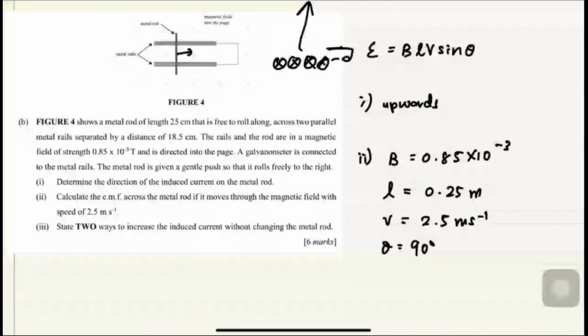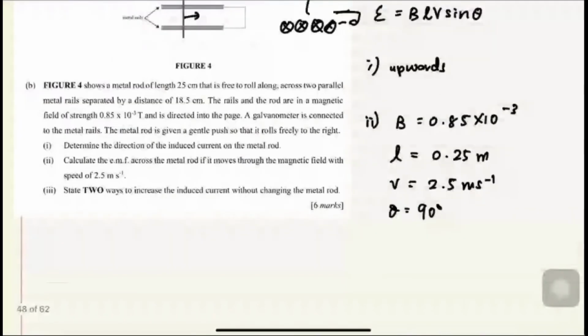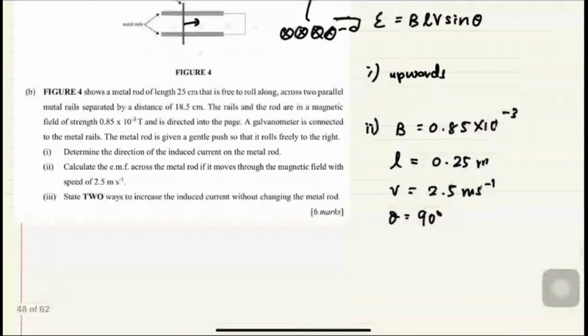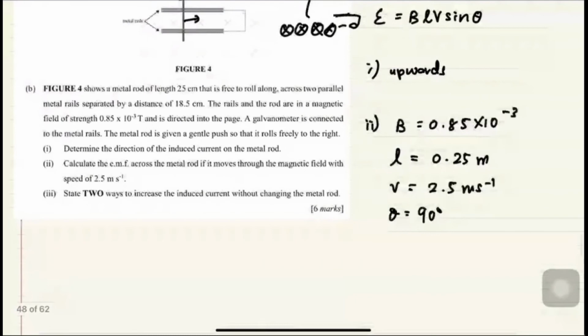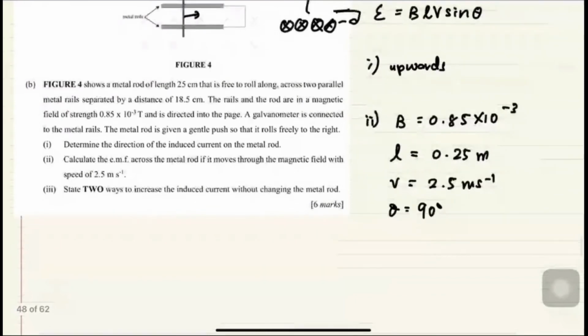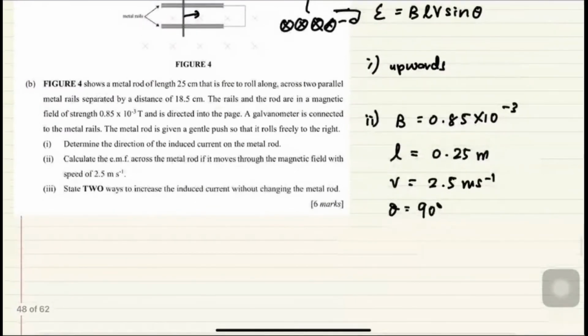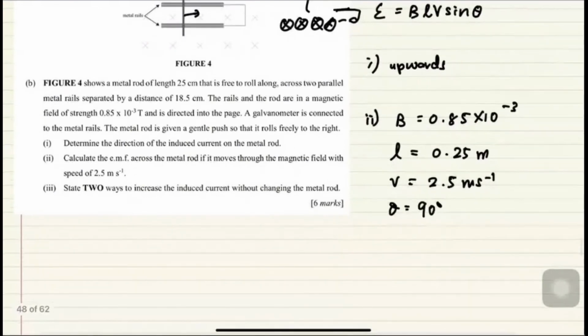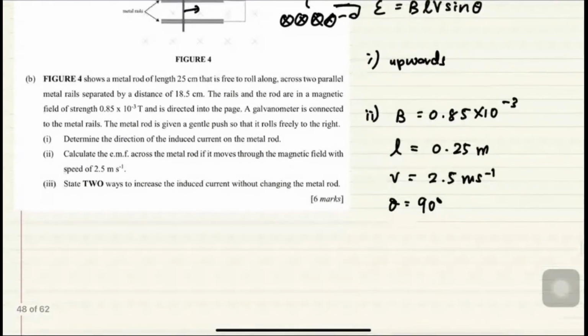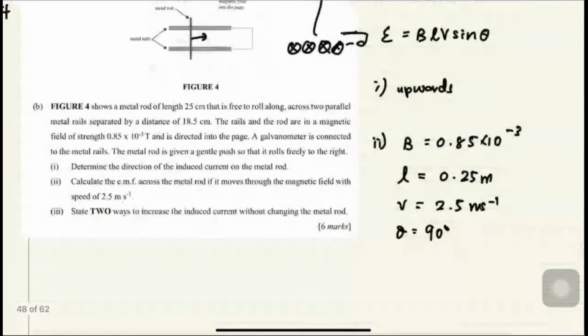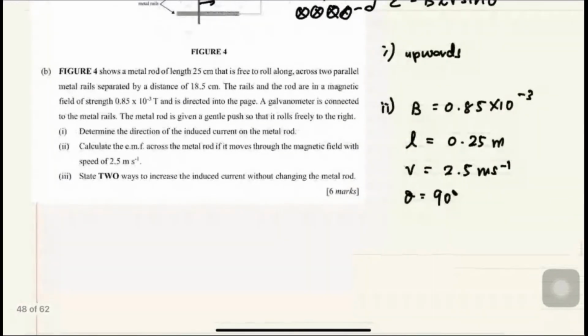So you have to be careful with the length there. You just have to reread the question: metal rod of length 25 centimeters. So you have to choose the length of the metal rod, 25 centimeters.